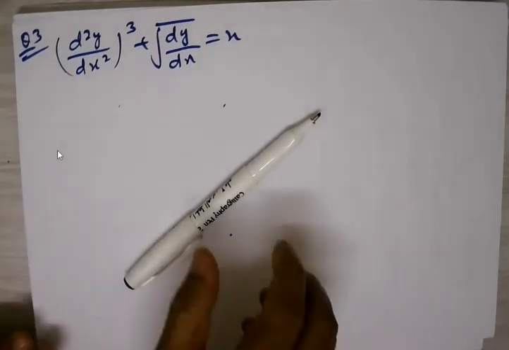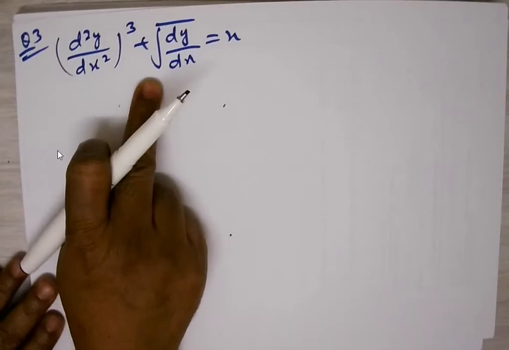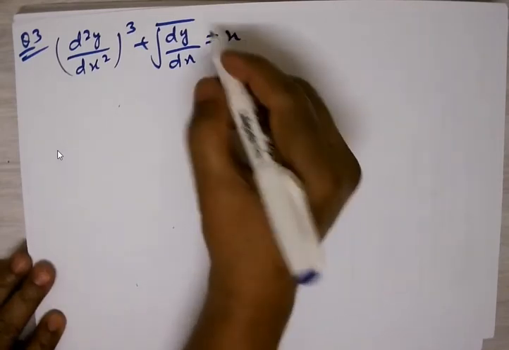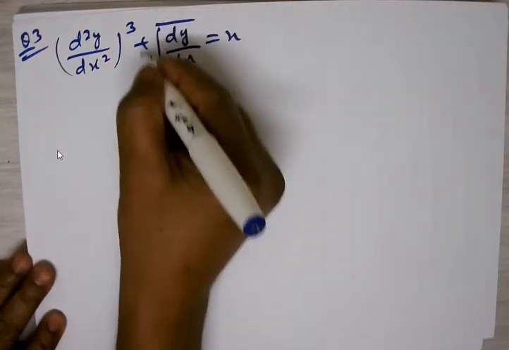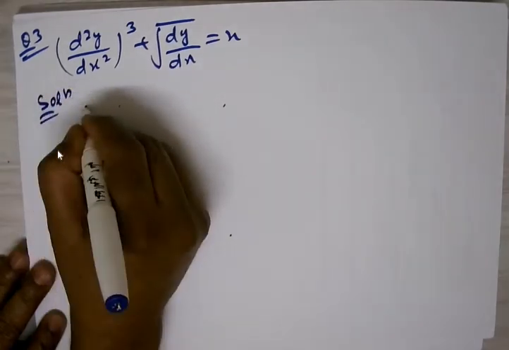Question number 3. Again we have to find the order and degree. This one is written in root form, that means radical form. So first of all we have to remove this radical. How can we do that? I am going to write it step by step.